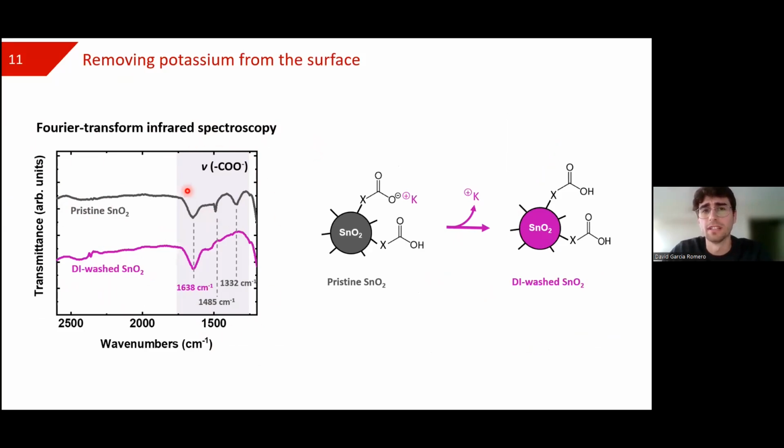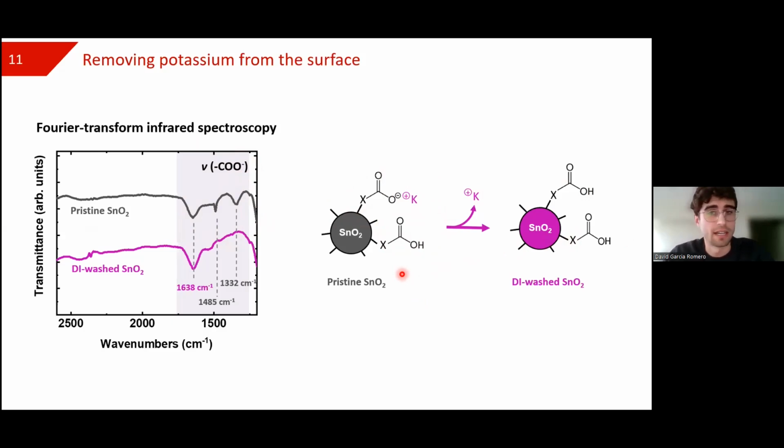In this region, which is typical for the carboxylate frequency mode, we are going from something that contains both carboxylate and carboxylic acid to a fully carboxylic acid situation. So what we are proving is that our surface washing is just removing the cations and leaving our surface in the carboxylic acid mode.